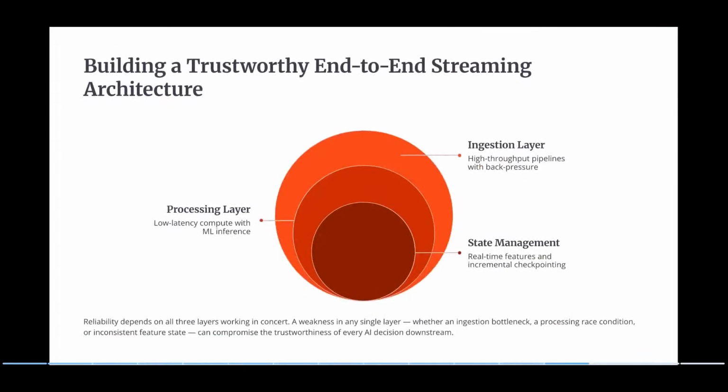So now, building a trustworthy end-to-end streaming architecture, right? How do we go about it? There is first a huge ingestion layer. You would want to have high throughput pipelines with back pressure, like Apache Kafka. You would want to ingest data at a very fast rate.